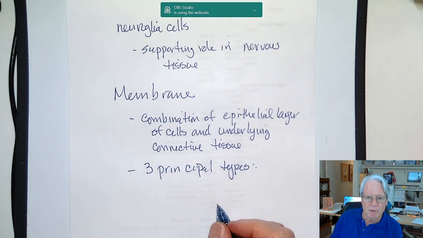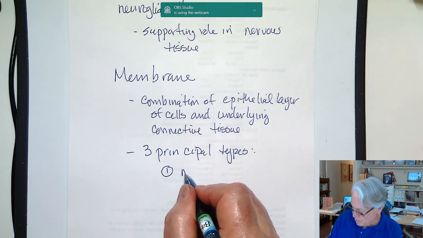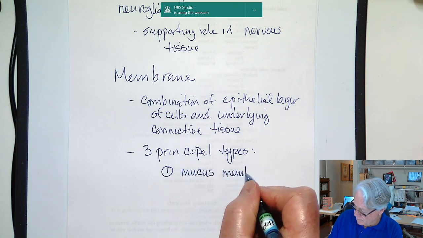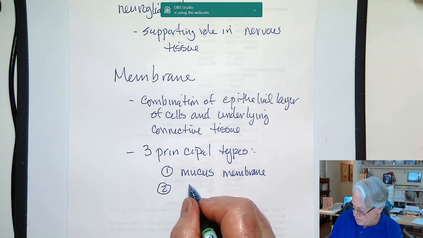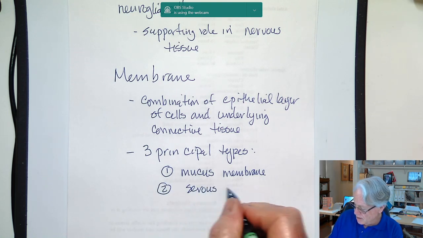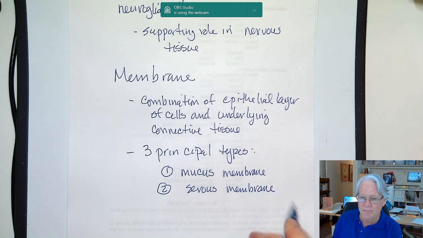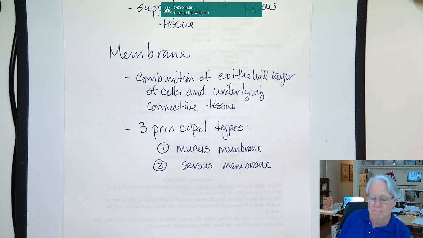I will list them, and then we'll spend a little bit of time describing each one. Number one, mucous membrane. Number two, a serous membrane. Both of those should be ringing bells to you, and if they're not, you should probably do a little studying.